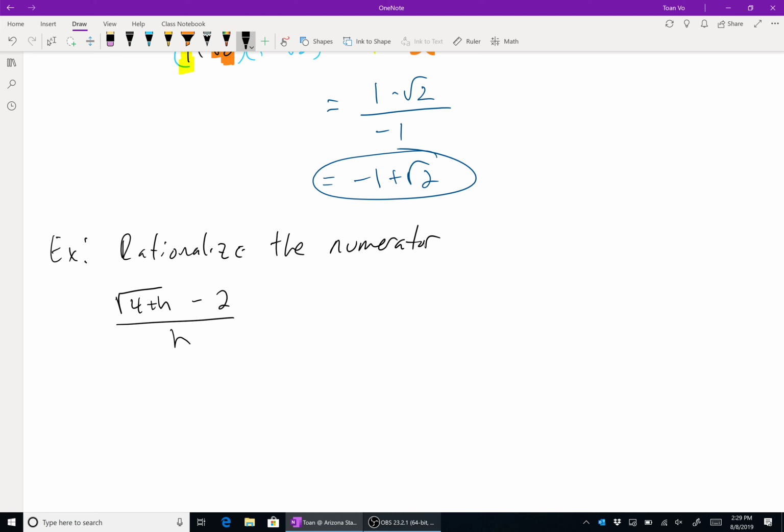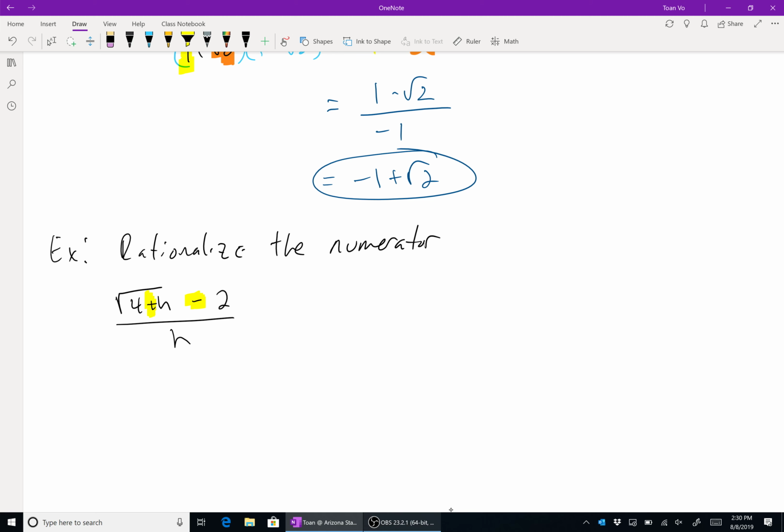The reason why I want to do this example is, kids get confused. Oh my God, there's pluses and minuses. I got multiple things. Well, I hope people can see that in this problem, this right here is one piece. It's glued together by that radical. So the binomial, this is the main symbol. So when I rationalize, it's this guy that I change. I would not change this guy.